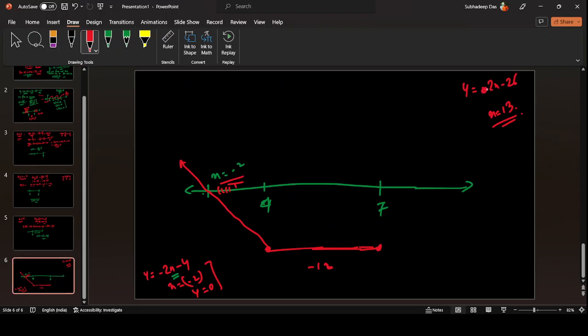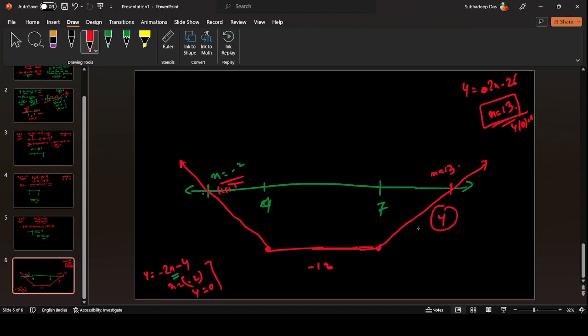If we put x equal to 13, then we get y equal to 0. So it cuts the x-axis at x equal to 13. So the straight line would be like this way.